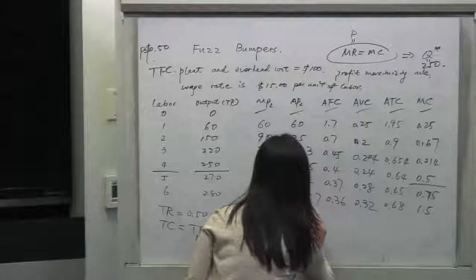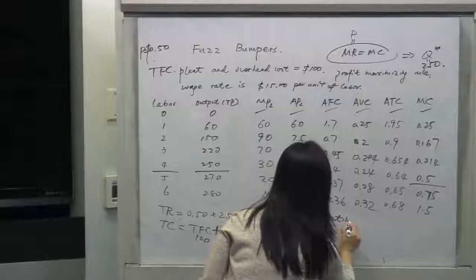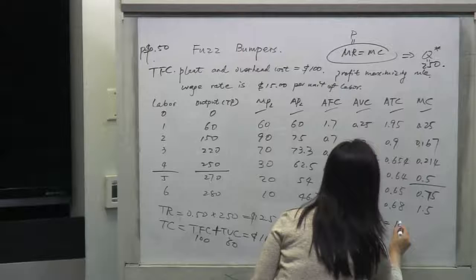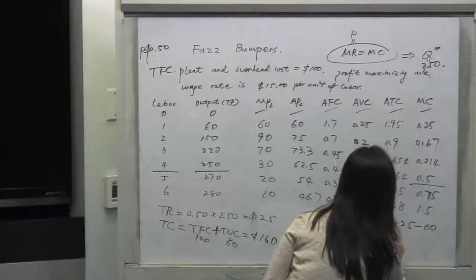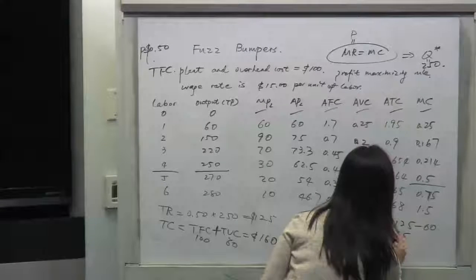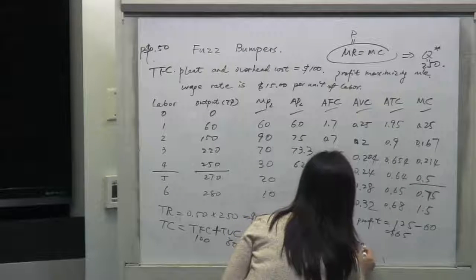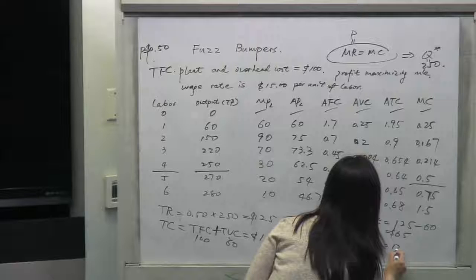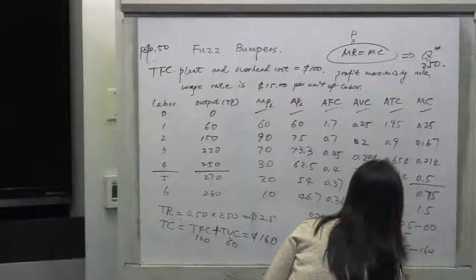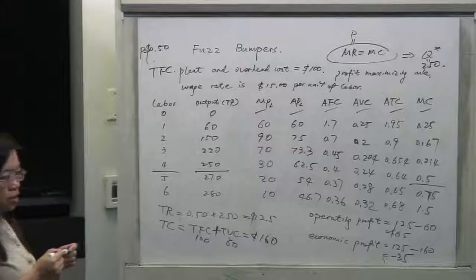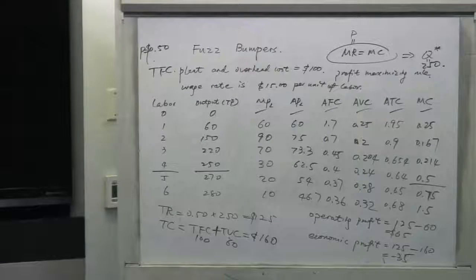So the operating profit is equal to 125 minus 60, which is equal to $65. And economic profit is equal to 125 minus 160, which is negative 35. So one is positive, the other one is negative, and so you're going to run in the short run but not run in the long run.